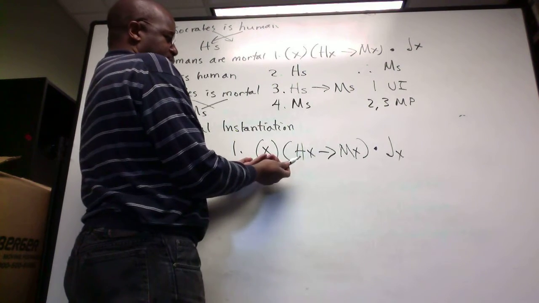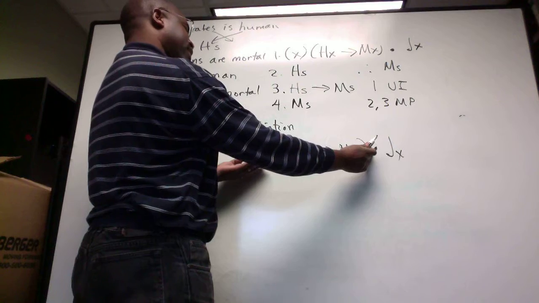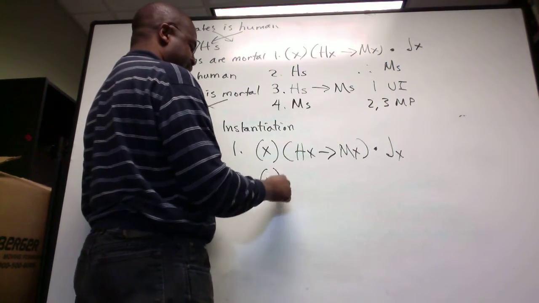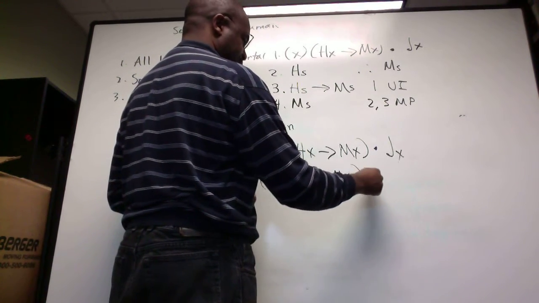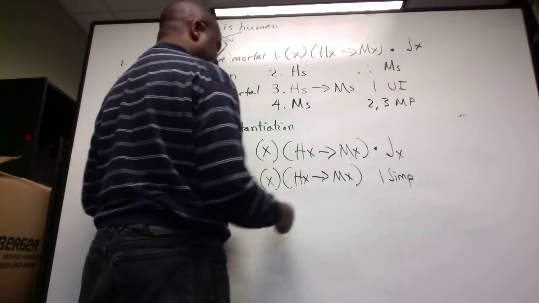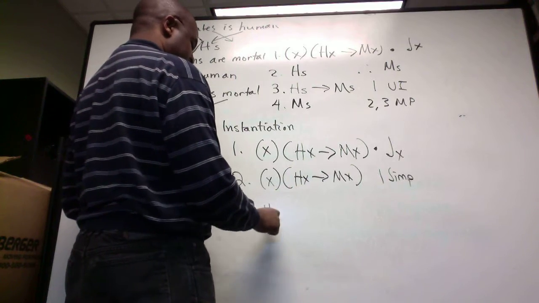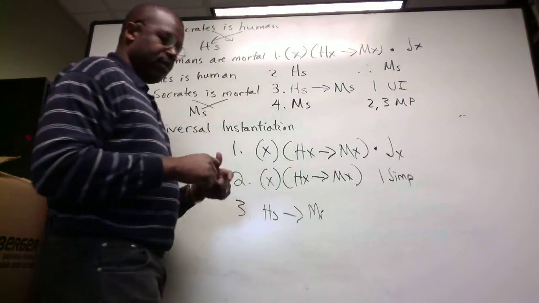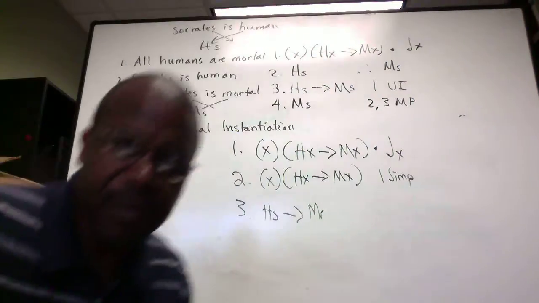I cannot do universal instantiation on this until I first of all break it off from the jx through simplification. So I need to have that hx arrow mx and then say one simplification, and then after that I can do universal instantiation and say hs arrow ms. Okay, that's how it works.